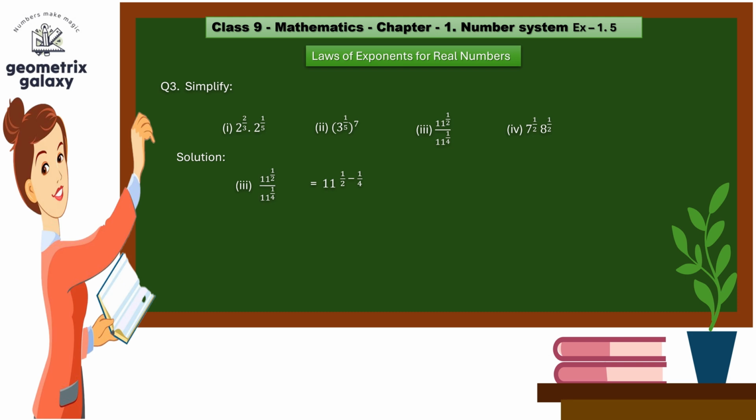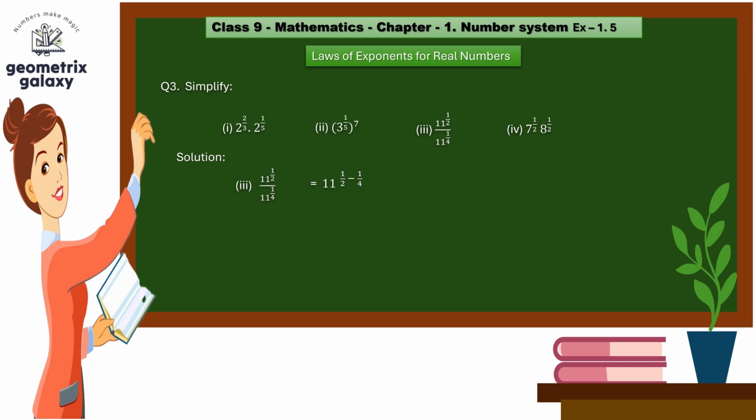You have to logically think, students. Without even taking the LCM we can find the answer because half minus quarter is quarter. Otherwise you take the LCM for 2 and 4, the LCM is 4. Then if you cross multiply you will get 2 minus 1. Your final answer is 11 to the power 1 by 4.